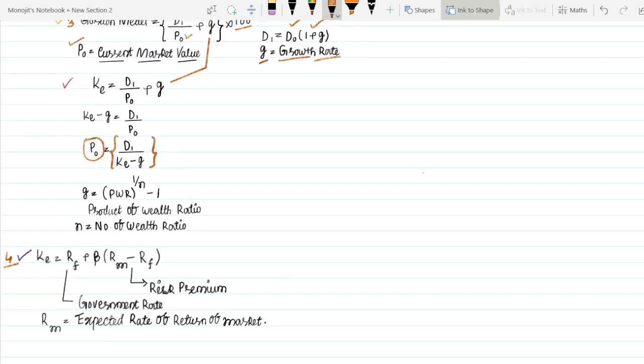And g can also be found by the product of wealth ratio, power 1 by n, minus 1.